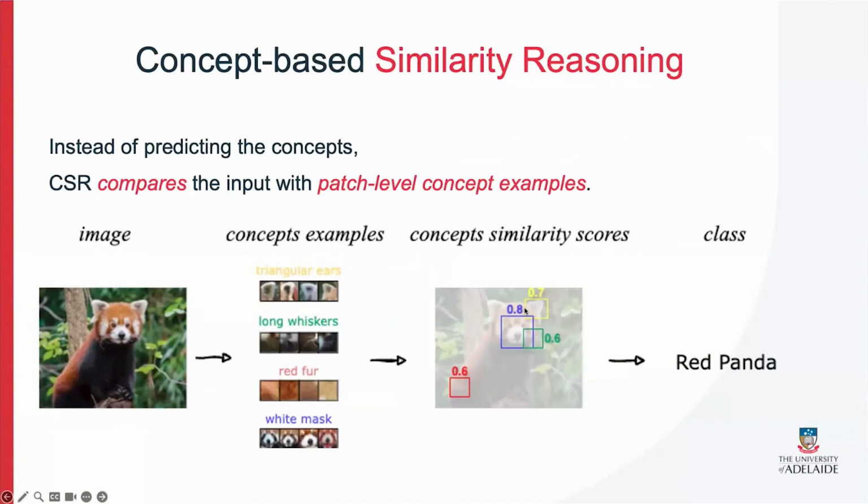And this is the concept similarity score and maps, where it can show which patch on this image is similar to the concept example patches, and with how much similarity score. So it can provide local explanation.